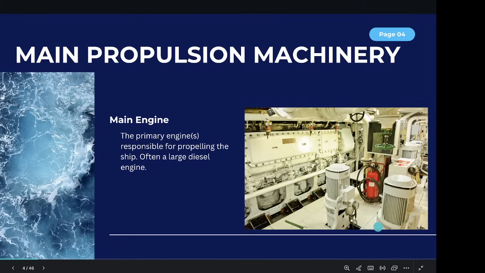The main engine is the primary engine responsible for propelling the ship. It's often a large diesel engine.